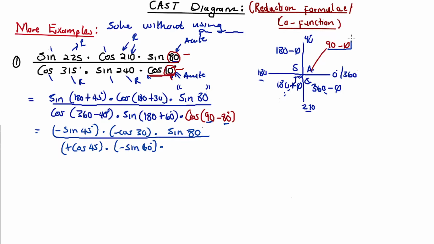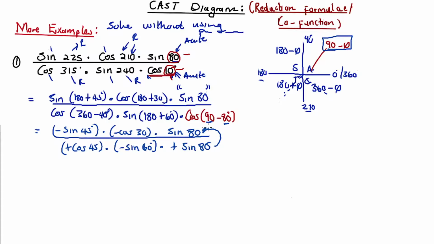It's in the first quadrant, and it happens to be a reduction formula. So let's solve this. Cos is positive in the first quadrant, right? But since we are dealing with a co-function or a co-ratio, it means that this cos changes to a sine 80 degrees.